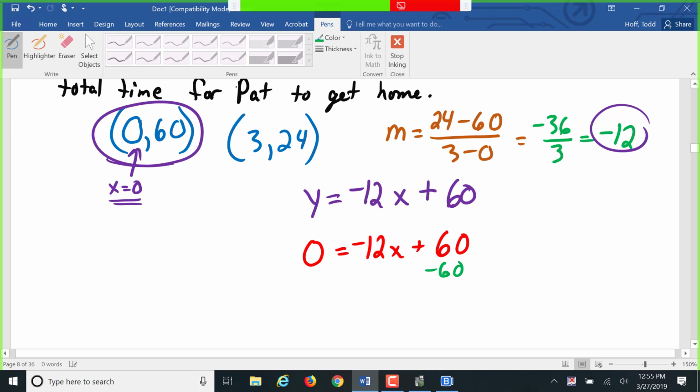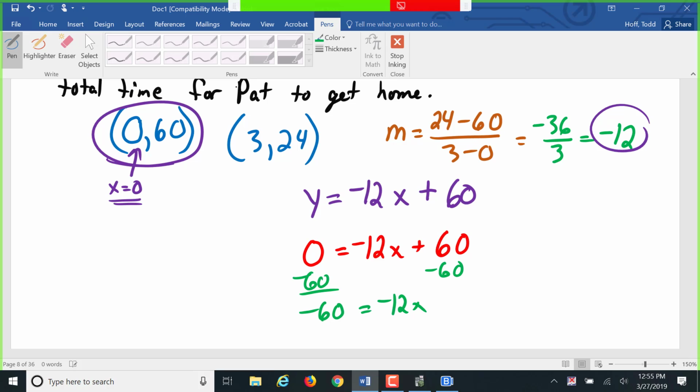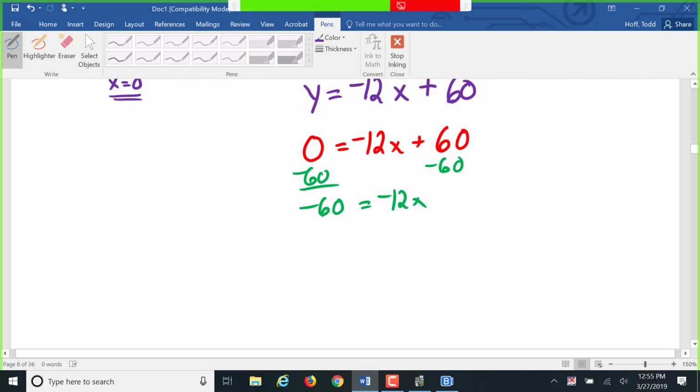Now it's just solving the equation, subtracting 60 to get negative 60 equals negative 12x. And divide by negative 12. So 5 equals x. So Pat will be home at 5 hours. Any questions there?